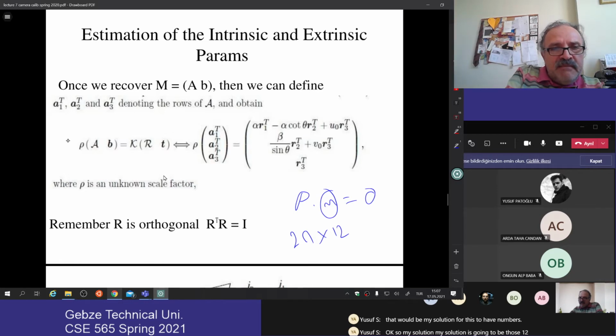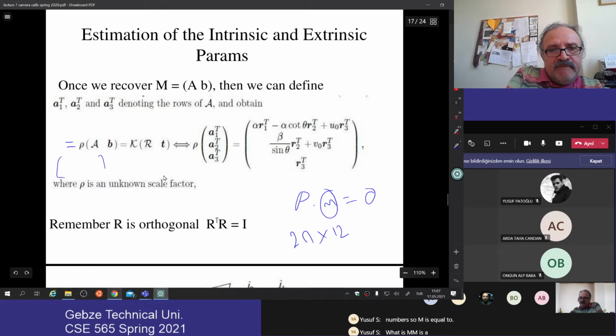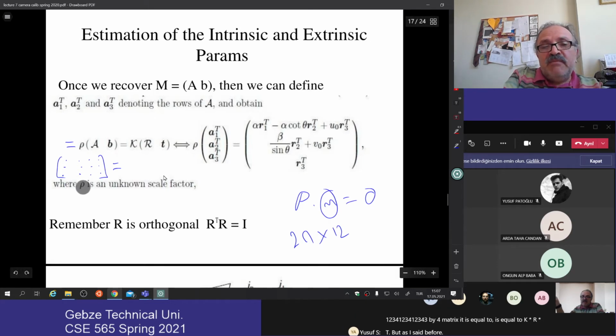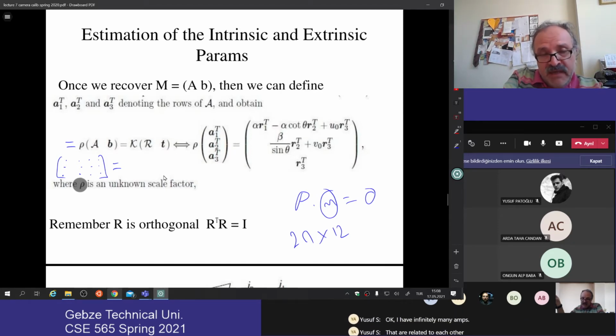So M is equal to, what is M? M is a 3 by 4 matrix, and it is equal to K times R times T. But as I said before, this M is not unique because I can multiply that M with any constant, and that becomes another M. I have infinitely many M's that are related to each other with a scalar, but I have only a unique set of KRT.